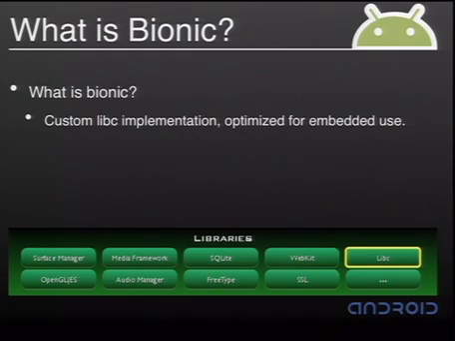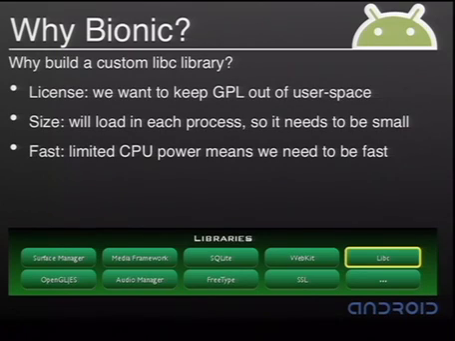We're always building the platform with the underlying belief that this is going to run on mobile devices, and we need to design for that. But why Bionic? There's a lot of overhead involved in maintaining your own C library, and we've gotten a lot of questions from the Linux community about that.